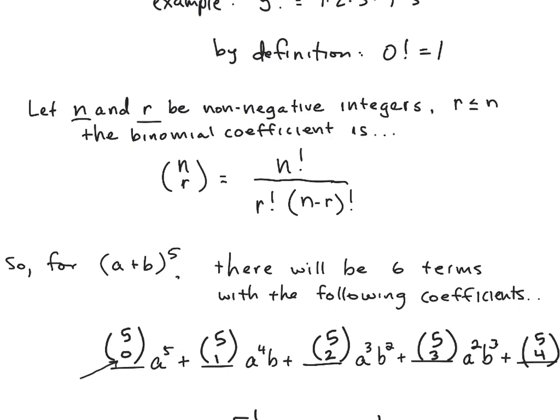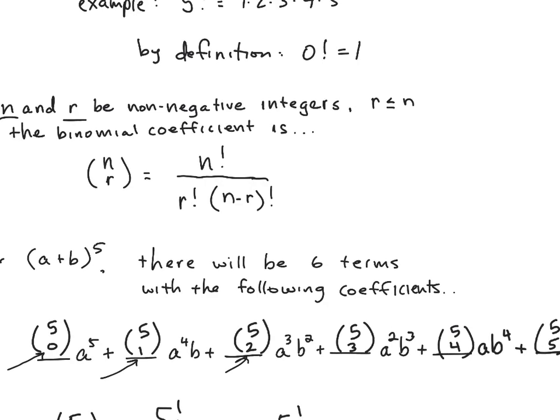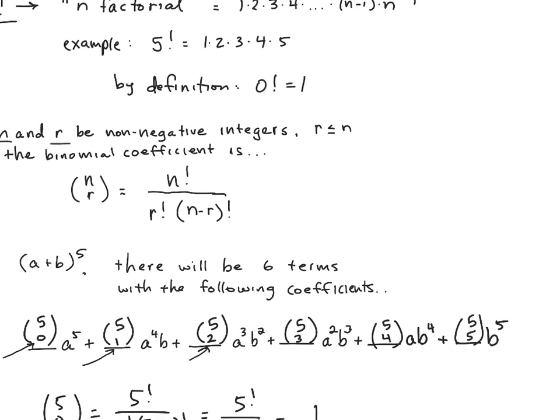The bottom value starts at 0 and increases for each subsequent term all the way up to right there, where we have 5 in the top and 5 in the bottom of that operation.